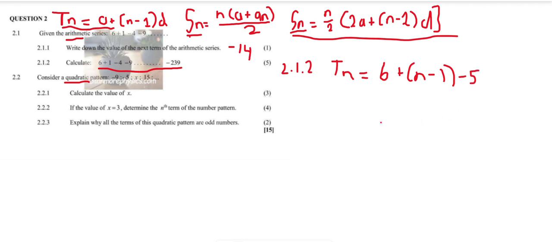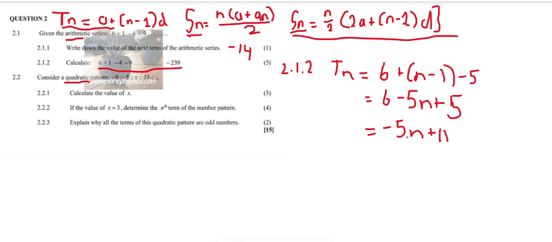Now, once you're done with that, therefore that means 6 minus 5n plus 5. Therefore, eventually we have negative 5n plus 11.